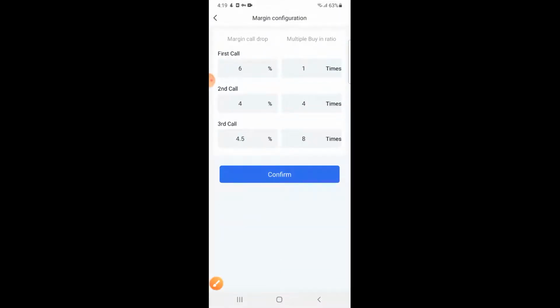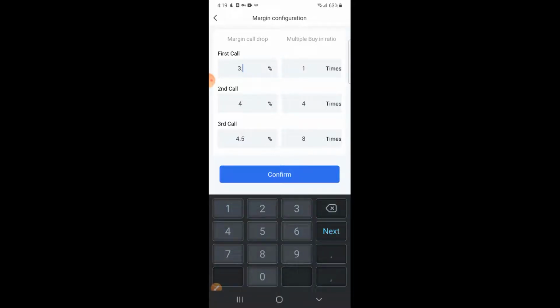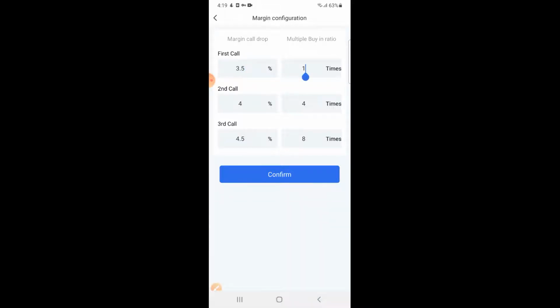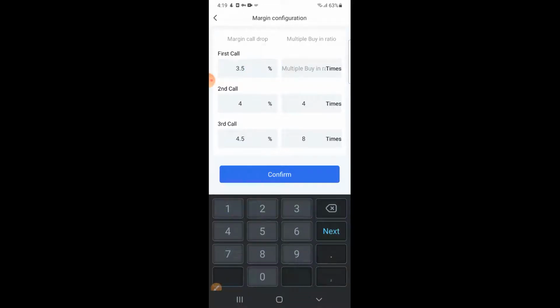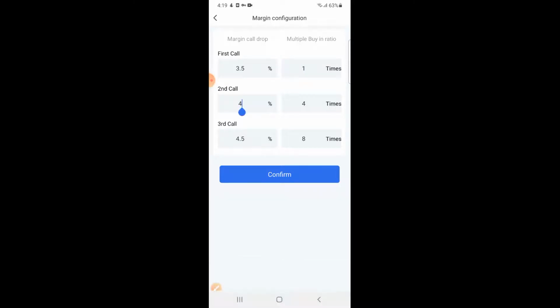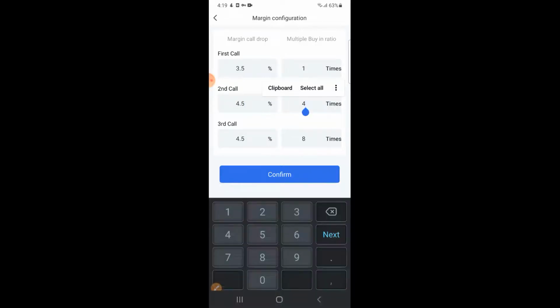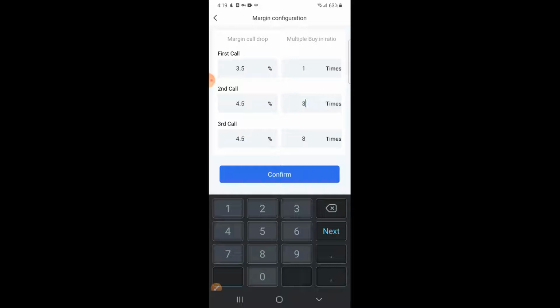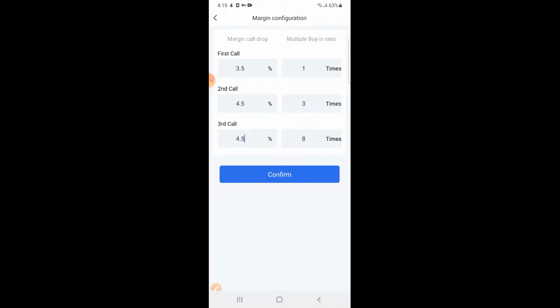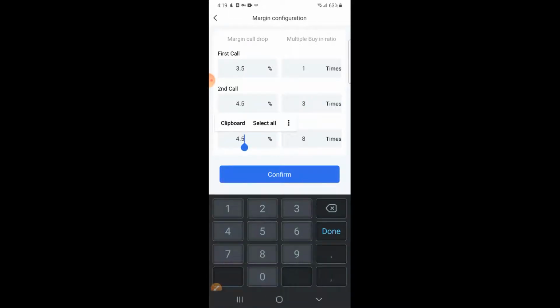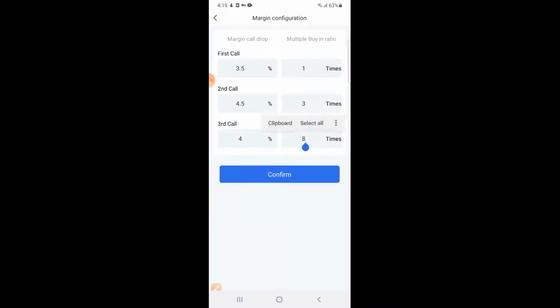Now set here: my first trade is 3.5, and here is already one time buy. Here I am putting 4.5 with 3 times, and here again 4, buying 6 times.